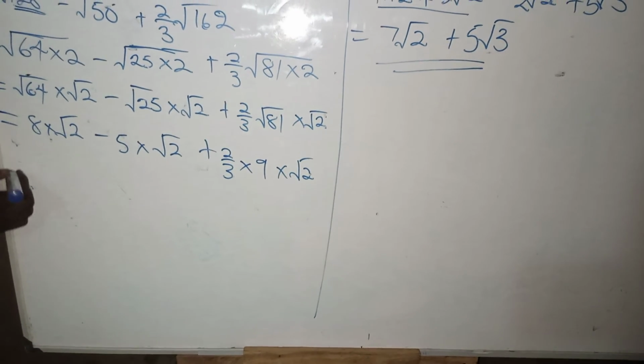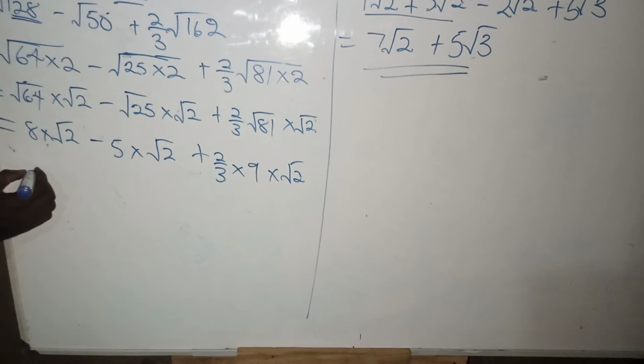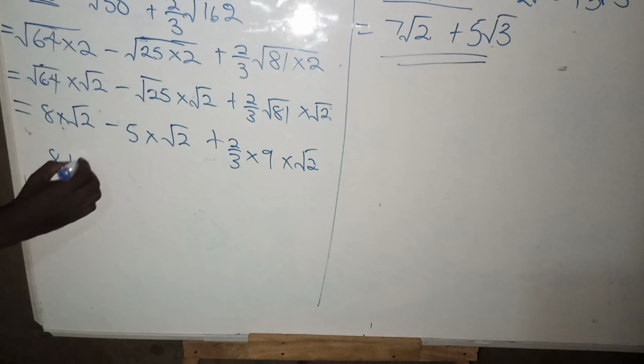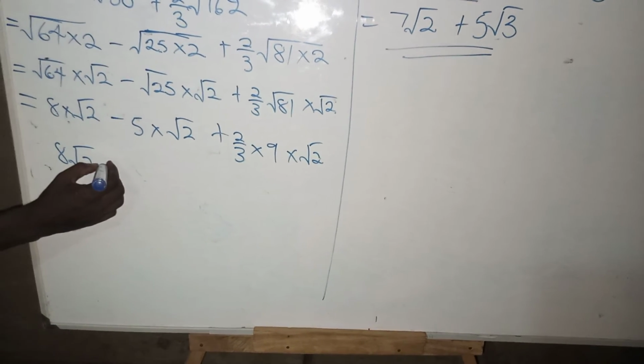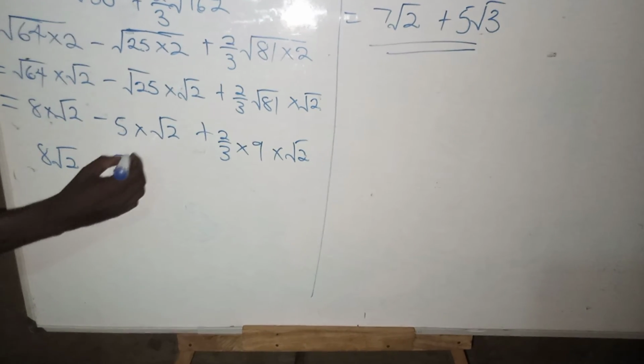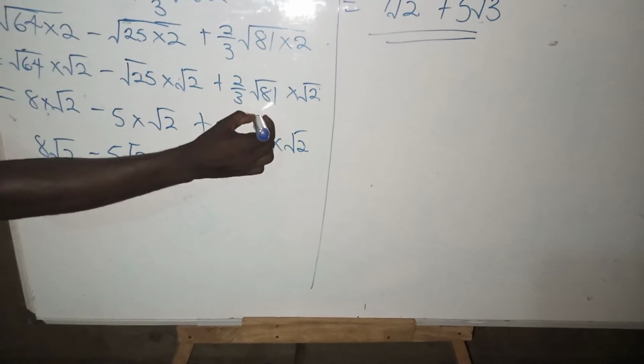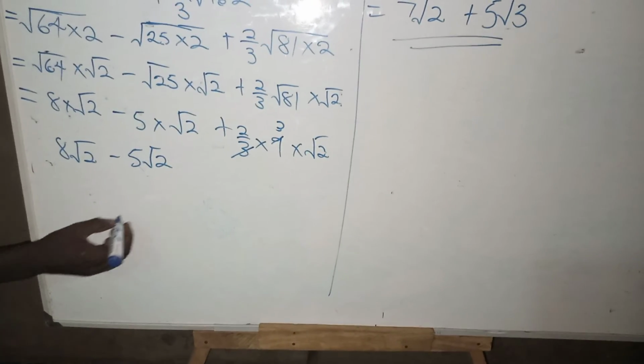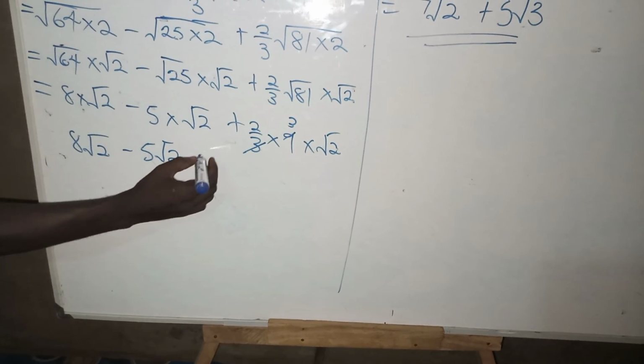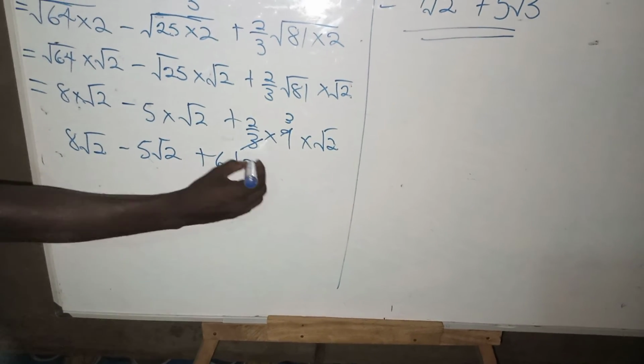So this is 8 root 2 minus 5 root 2. 3 will go into 9 three times, this times is 6, plus 6 root 2.